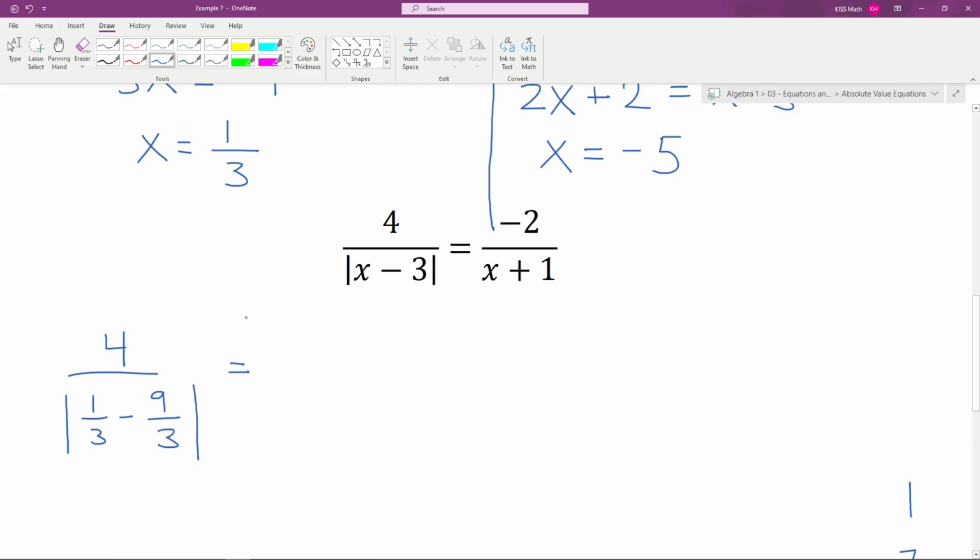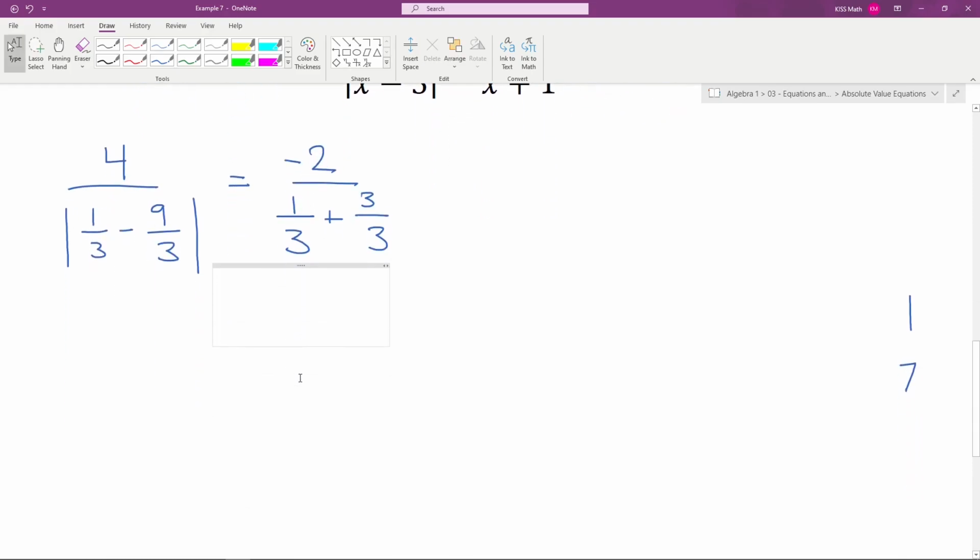And that's supposed to equal negative 2 over 1/3 plus, another way to write 1 is 3 over 3. And this one does not have an absolute value. So now we just kind of evaluate this. We'll have 4 over the absolute value of 1 minus 9, that's negative 8 over 3. And then on this side we have negative 2 over, that'll be 4 over 3.